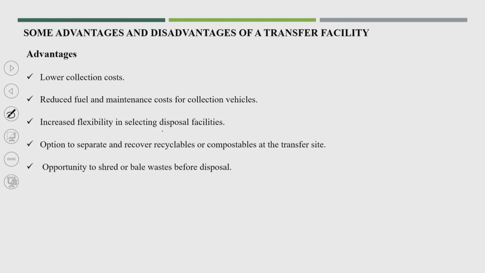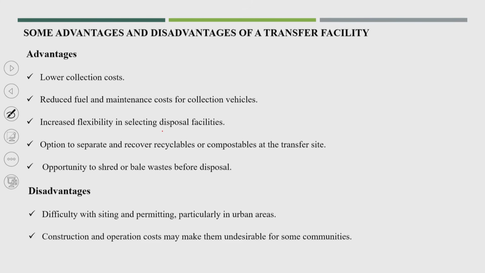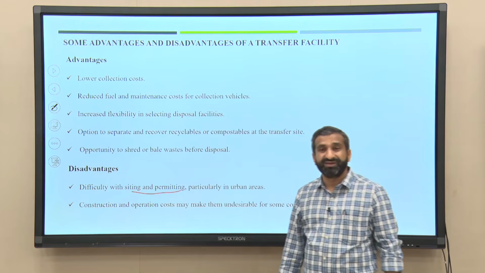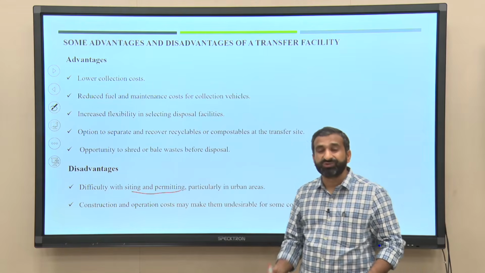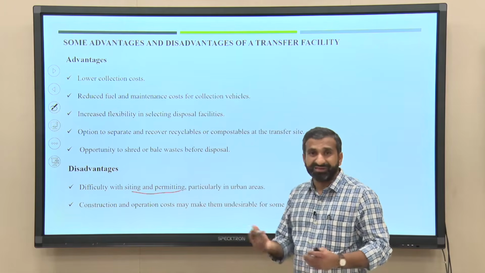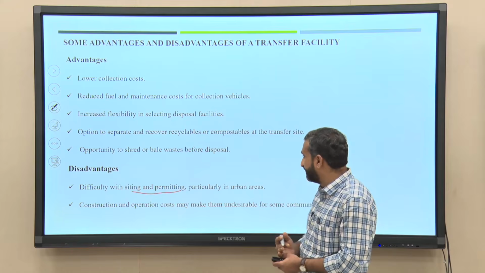These are a few advantages. Among the disadvantages is difficulty with siting and permitting, particularly in an urban city. This is one of the important issues which I am going to discuss in the next class. Location: every time I am saying that it should be very close to the recycling facility and close to the residential area, so obviously finding such a location is a very difficult task.